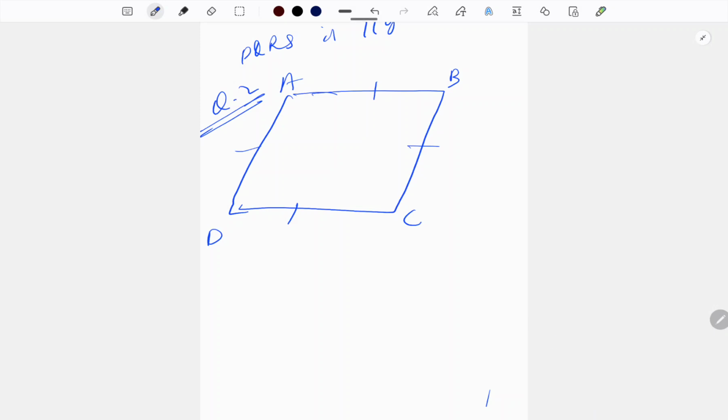Midpoint of AB is P, so here it is P, BC is Q, and R and S are the others. So quadrilateral PQRS is a rectangle. Now we have to prove it is a rectangle. So one of the angles will be 90 degrees. We have to prove it.